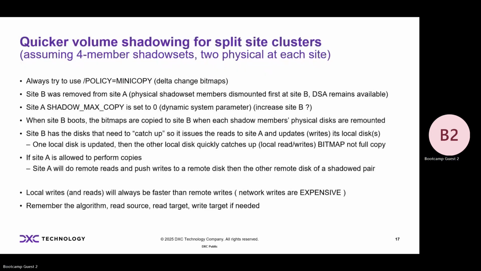Now, this is something I started to talk about in session. So we have a disaster tolerant split site cluster, and we've actually got 10 gig intersite links. But nonetheless, there's still a lot of data to be copied. So always use mini copy.